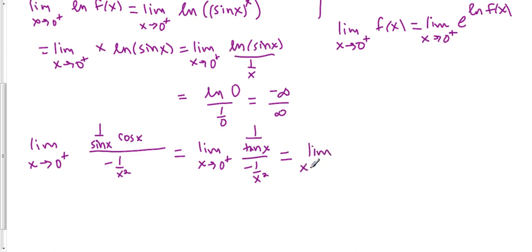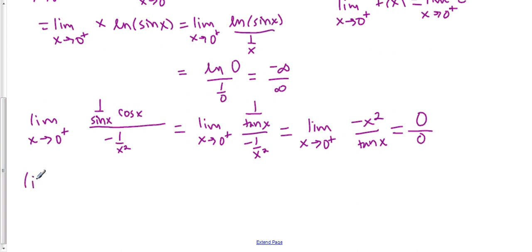So I'm going to switch things around here, and a denominator of a denominator is a numerator, and this tangent x is really already in the denominator. And then I'm going to substitute in. So I'm going to have 0 in the top, and what's the tangent of 0 going to be? Well, it's going to be 0. So again, I can apply L'Hopital's rule because I have an indeterminate form, 0 over 0.